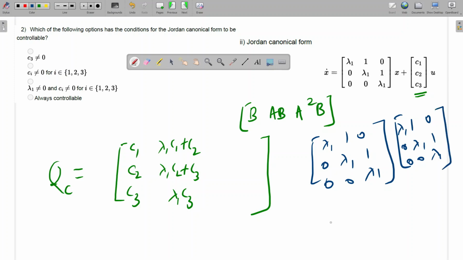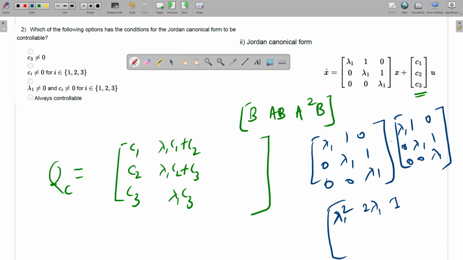So we will do A square. The first element will be this row into this column, so that will be lambda 1 square, correct? The second element will be 2 lambda 1, lambda 1 plus lambda 1. And the third will be lambda 1 into 0 plus 1 into 1, so the third one will be 1, okay?